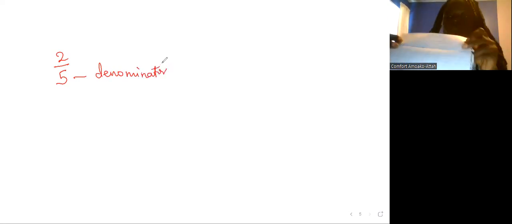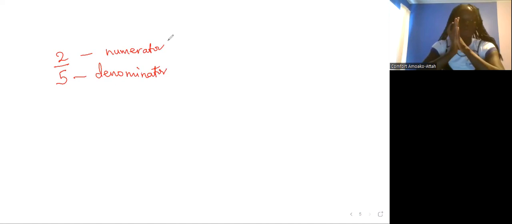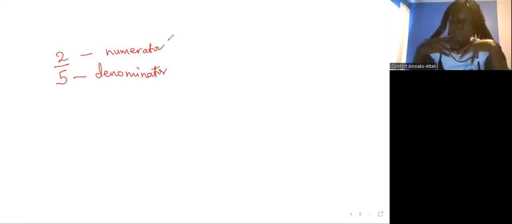And that is our denominator over here. Then the number of shaded portions, that is 1, 2, and that gives us our numerator. Great.